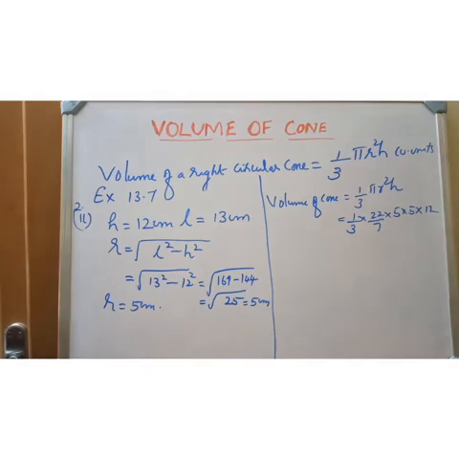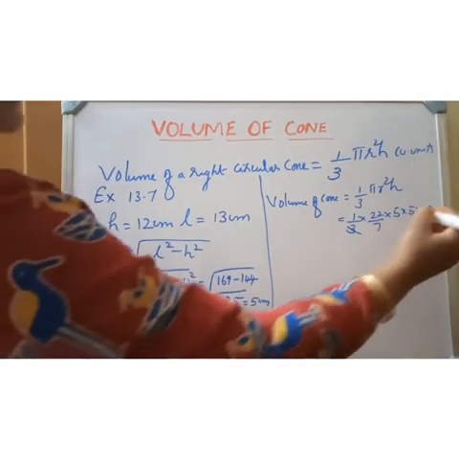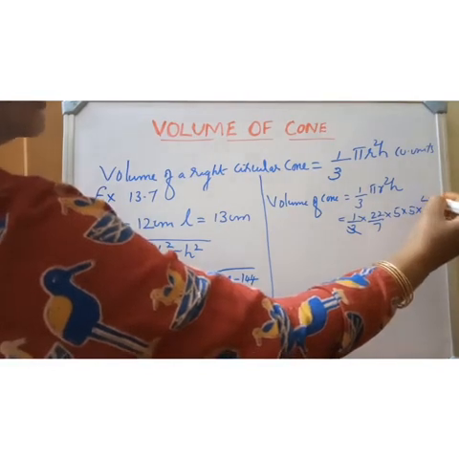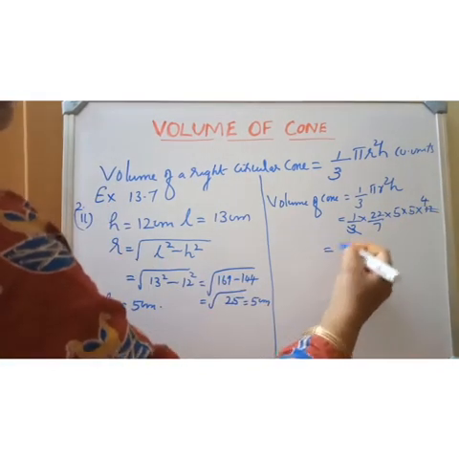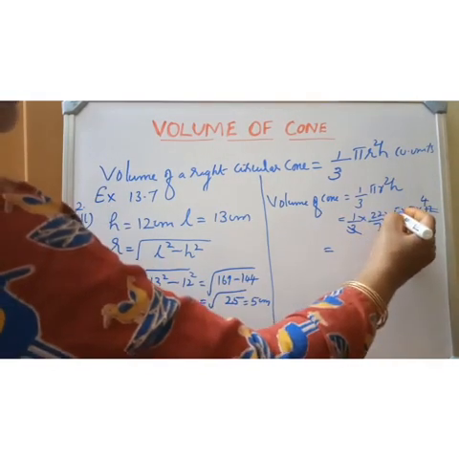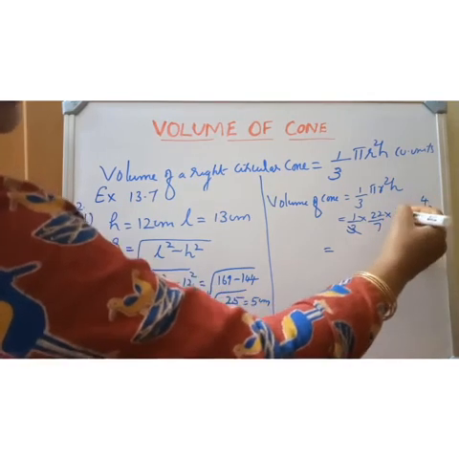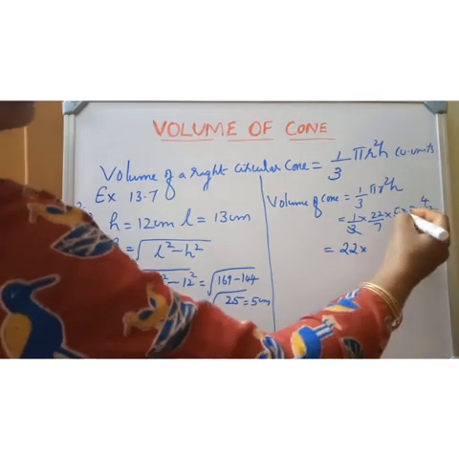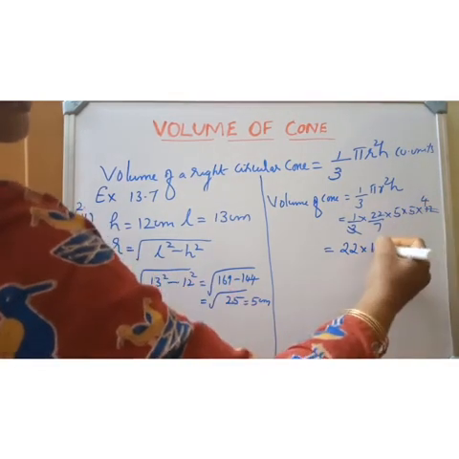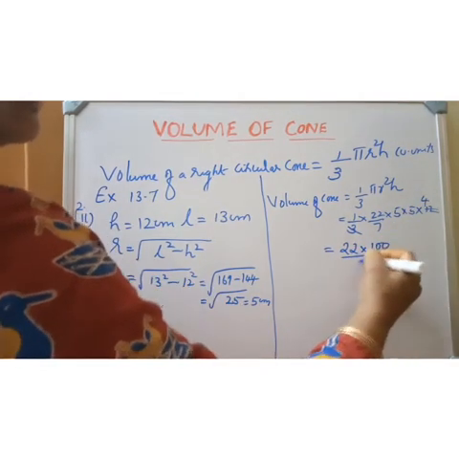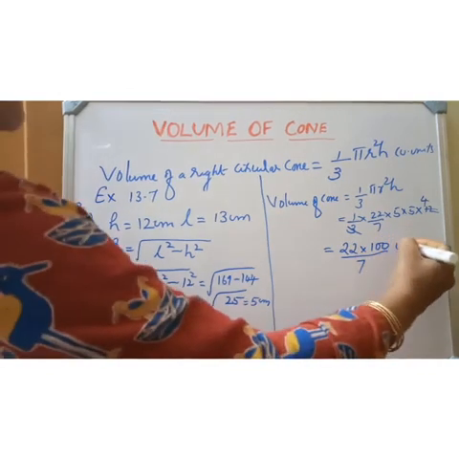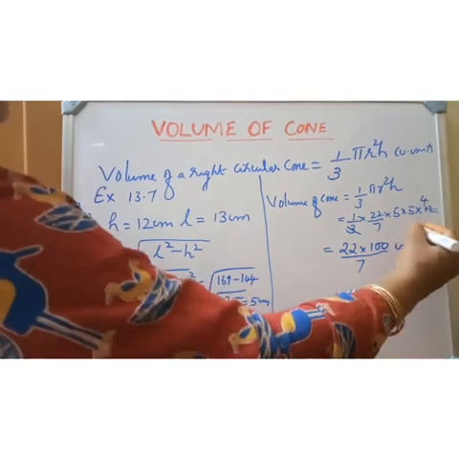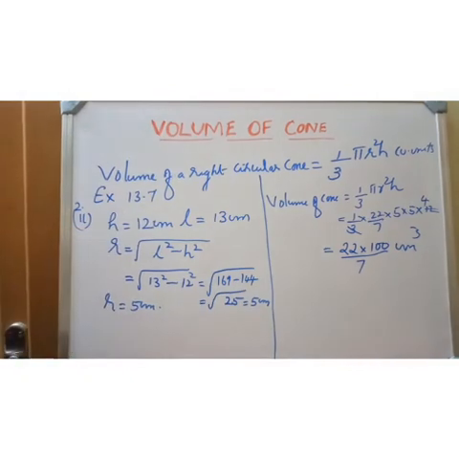So here any calculation is possible only with the 3 table alone we can cancel, isn't it? 4 3s are 12. So we will get the value of 22 into 4 5s are 20, 20 5s are 100, isn't it? So 22 into 25 4s are 100 divided by 7. This much centimeter cube. I am not doing the calculation now because this is in centimeter cube.